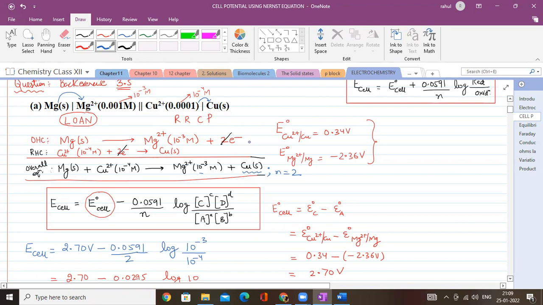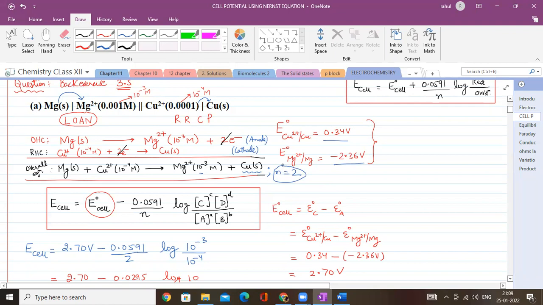This oxidation half cell is at the anode, while the reduction half cell is at the cathode, as per LOAN also. And the E naught of copper 2 positive/copper is 0.34 and E naught of Mg2 positive/Mg will be given to you in the paper as minus 2.36. The number of electrons exchanged here is 2.